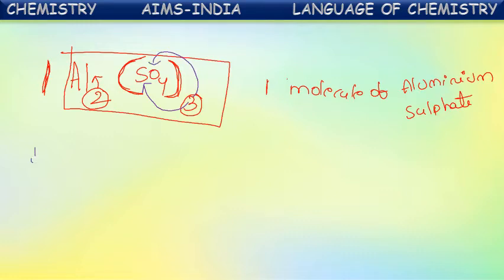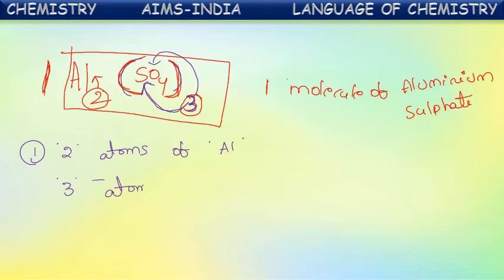So first point, about aluminium. How many aluminium atoms are there? 2 atoms of aluminium. That is the first point. Now come to sulfur. It is in brackets, right? The whole brackets have 3. So these 3 belong to sulfur also. How many sulfurs are there? 3 atoms of sulfur.